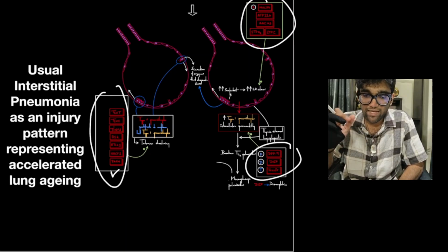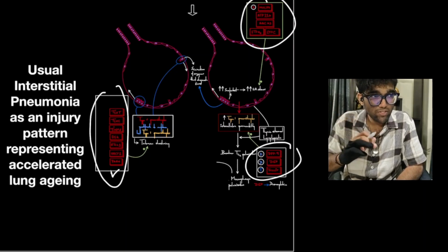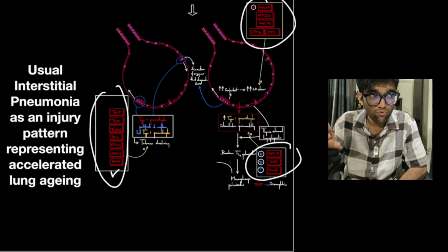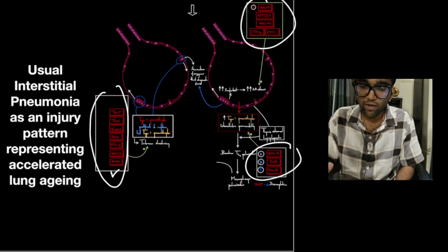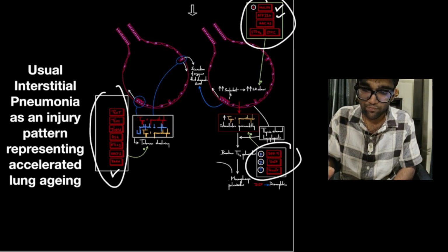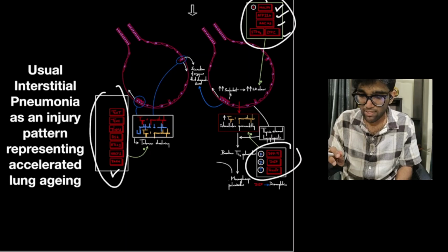This kind of surfactant production would cause premature type 2 pneumocyte unfolded protein response, preferentially in those people who carry polymorphisms in these genes, because there's a second cluster of genes that is associated.